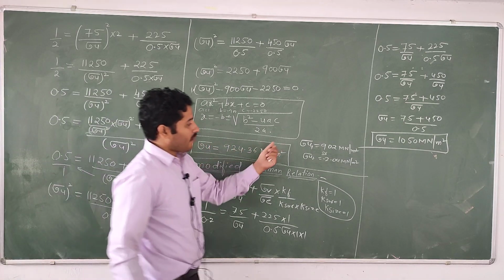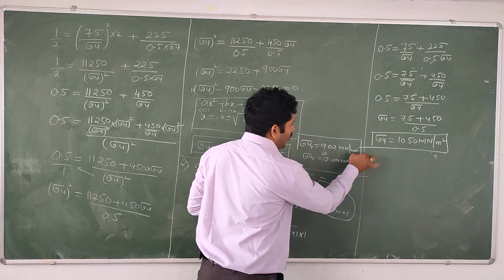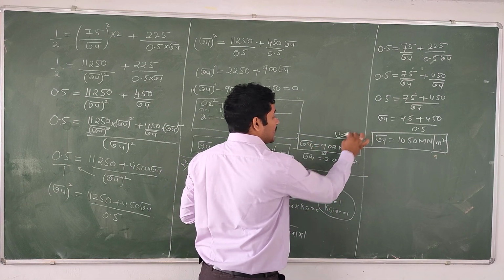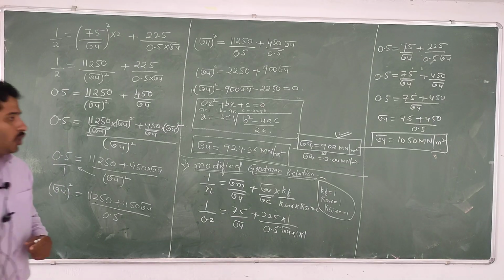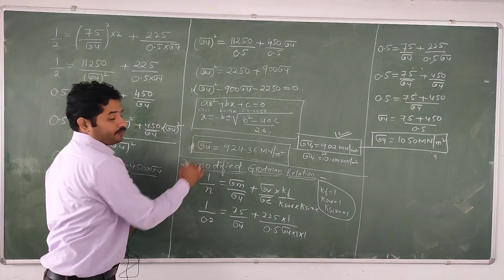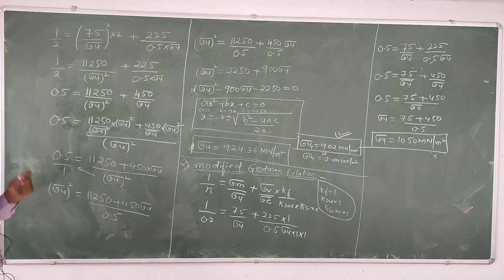But actually, if you solve with the help of a calculator, you get the answer 902 mega Newton per meter square, not this answer. Please take this snapshot.